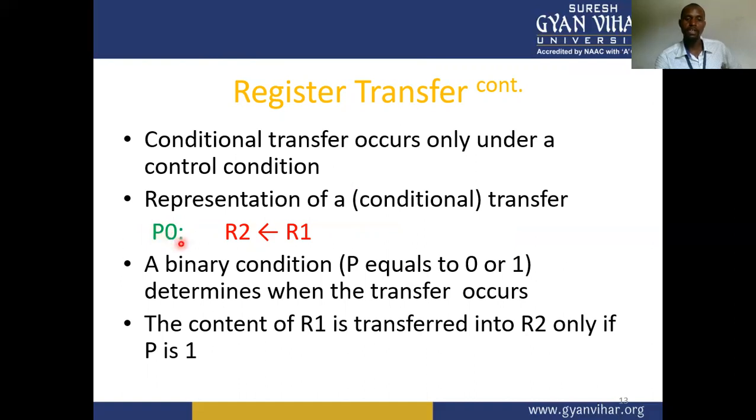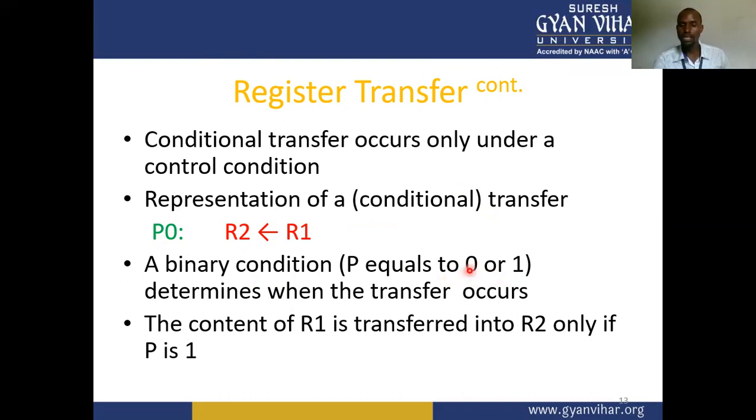It was just R1 and R2, and we said the transfer takes place within a clock cycle. In conditional transfers, we introduce this condition P. The binary condition P is given by 0 or 1, so 0 or 1 should mean something.